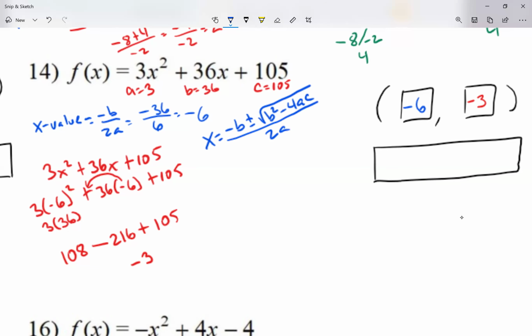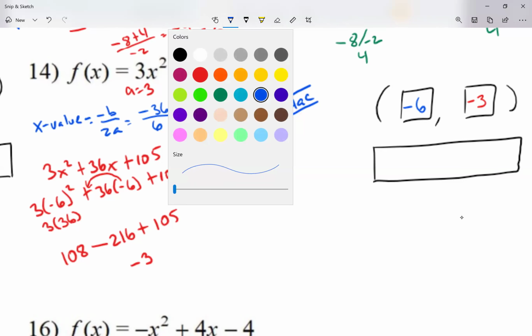That's the formula that's going to give me my two zeros, my two x-intercepts. Okay, the hard part is the square root part. So I'm just looking at b squared minus 4 times a times c. Once I figure that out, I'll get the square root of that.